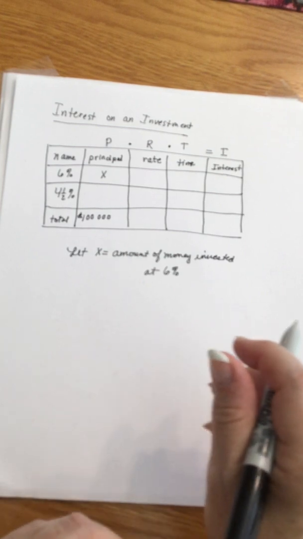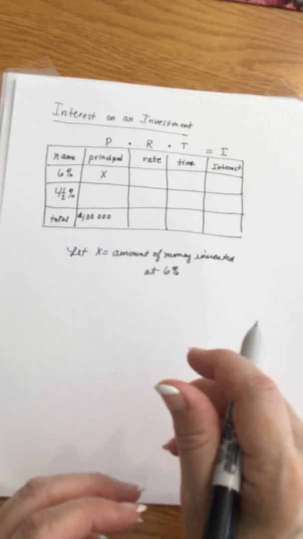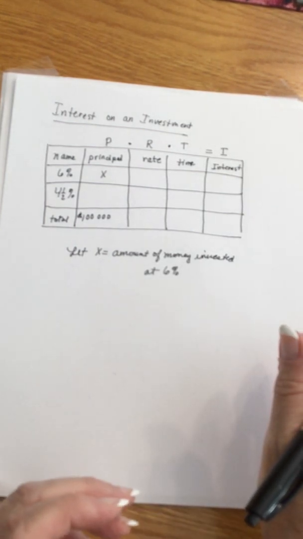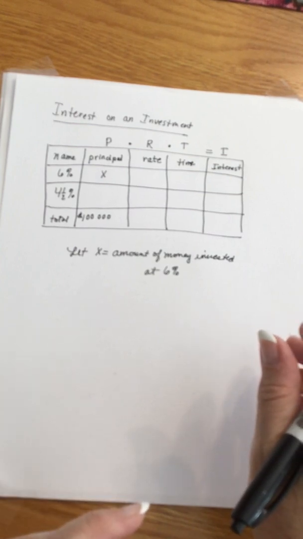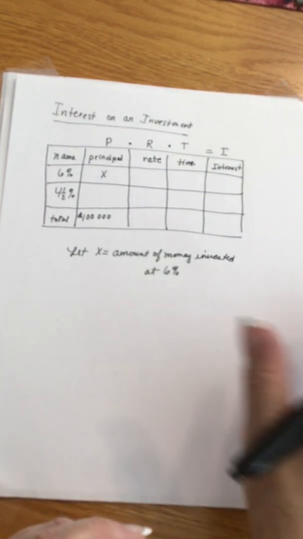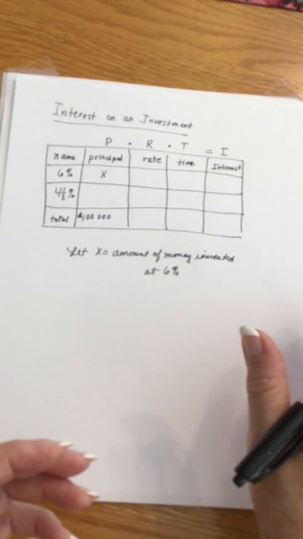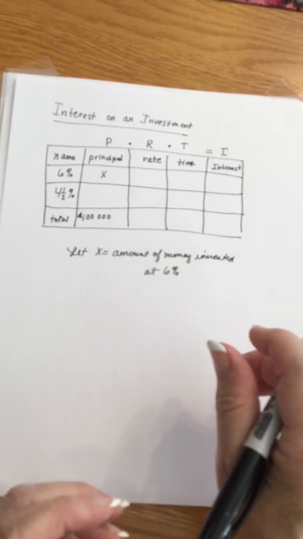So let's just look at a thing for a second here. If I put $100,000, if I put 20% into 6%, how much left over do I have to put into 4.5? So I'm going to take the $100,000 and take away 20% to put in the 6. That would leave me the remainder of the difference. So difference means to subtract. So I would take $100,000 minus the $20,000.